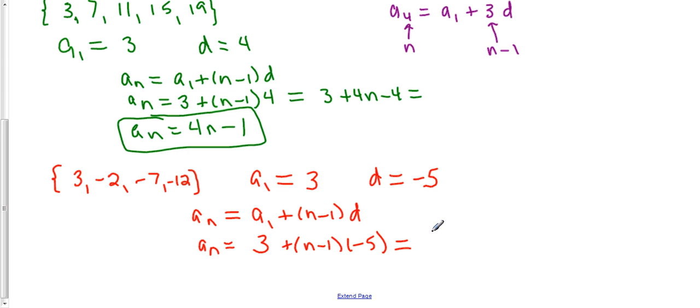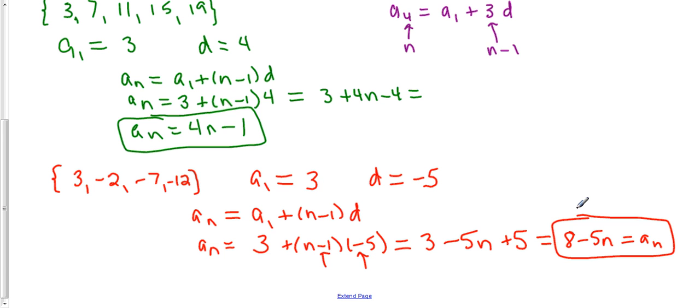I just need to be careful with my algebra. So I've got 3, minus 5n plus 5 in this case because I've got two negative signs here that I'm going to multiply together. So I end up with a general formula of 8 - 5n, and that's going to be my general formula.